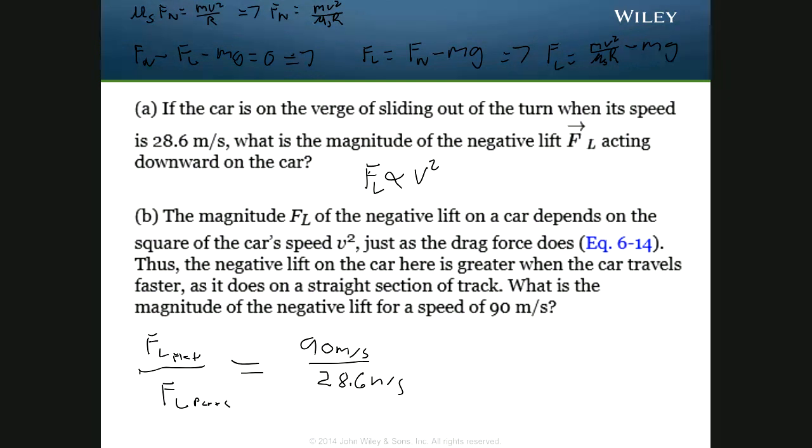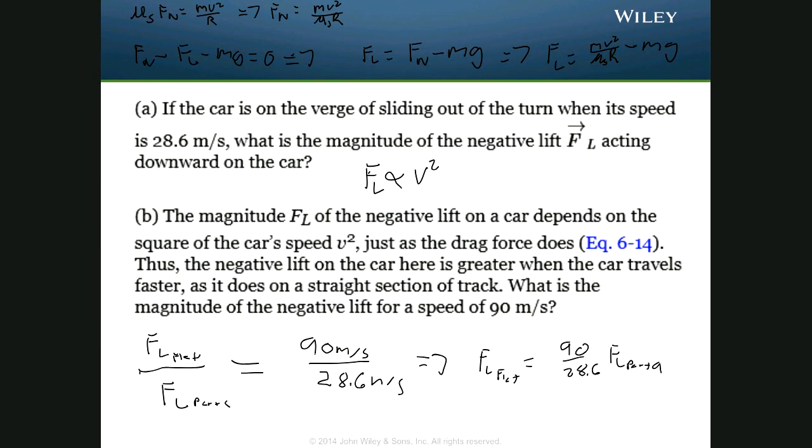And so if we multiply this out, this implies that FL flat equals something greater than 1, certainly, times FL from part A. Okay, and we can see here that the speed will get bigger. Yes, Mina?